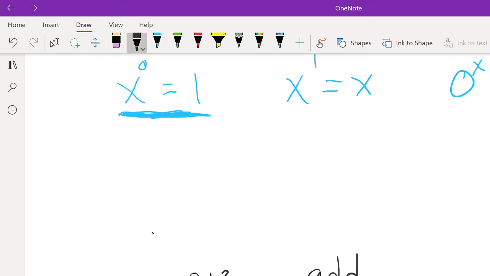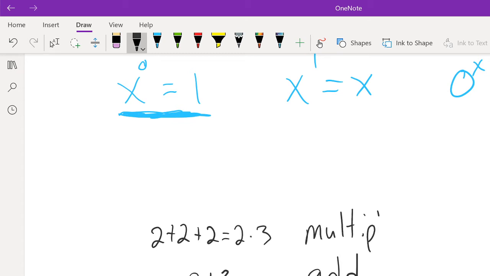Now, if I said 2 plus 2 plus 2, that's 2 times 3. So that's multiplying. Multiplying is a step up from adding. And then if I said 2 times 2 times 2, that would be 2 to the third power. So if I go a step up from multiplying, that's powers.